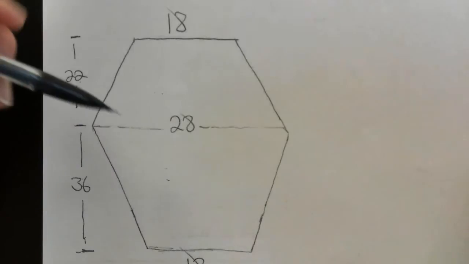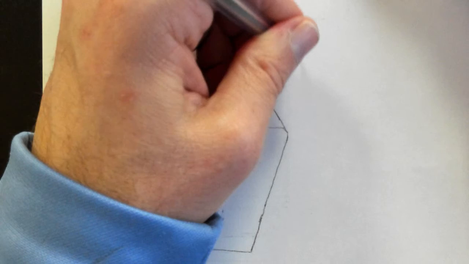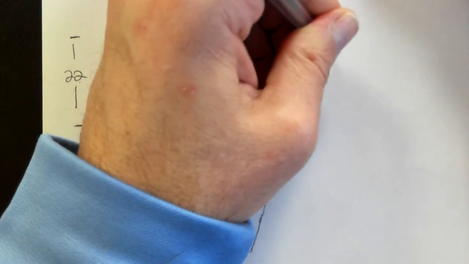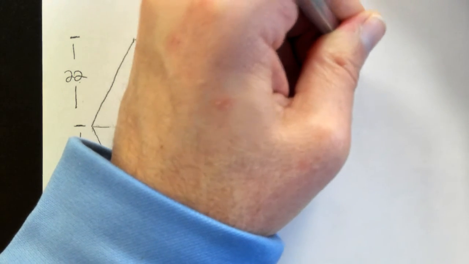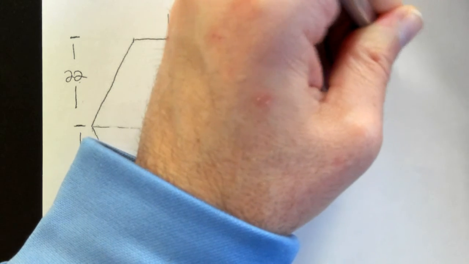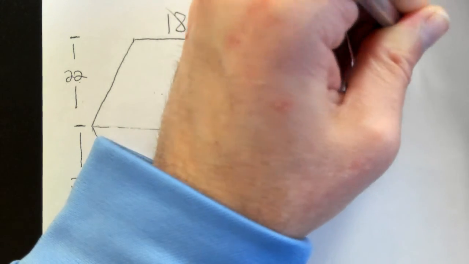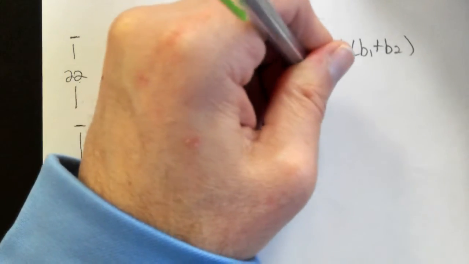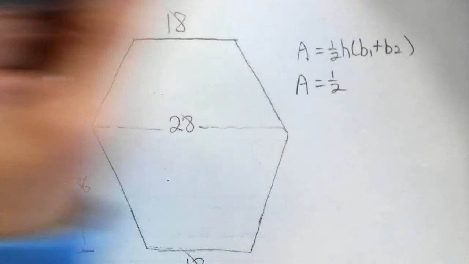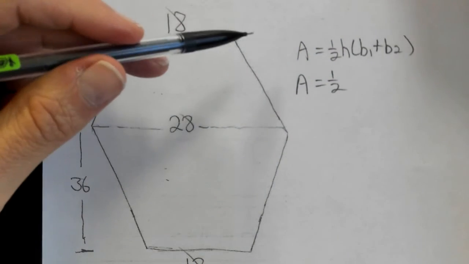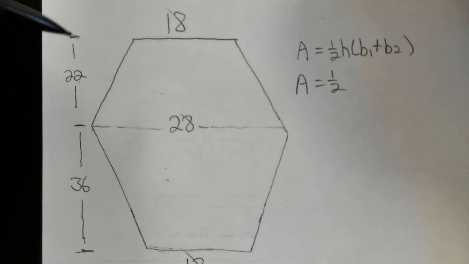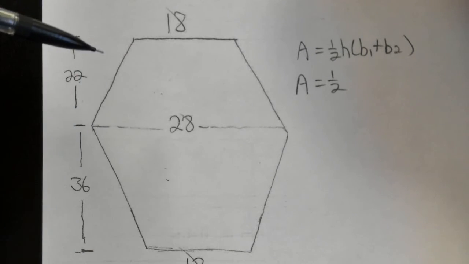And so the first one's going to be area equals 1/2 the height times open base 1 plus base 2. And so let's go ahead and start plugging in. Remember the trapezoid formula we learned also from 8.1. So we're looking at the top trapezoid first.